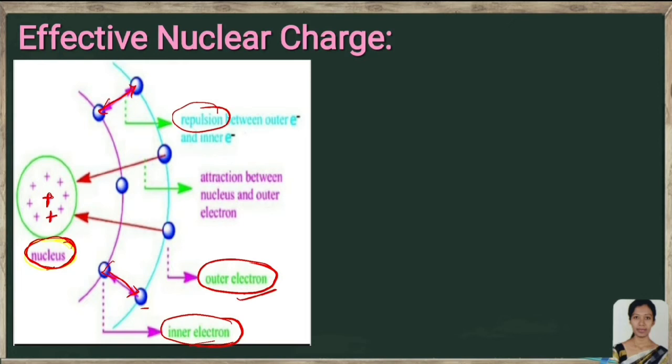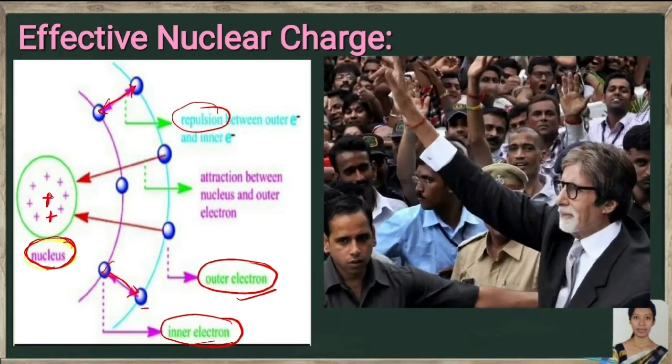The net positive charge experienced by the outermost electrons is nothing but the effective nuclear charge. If you want to understand this in a simple way, observe this picture. Amitabh is a celebrity, he is at the center like the nucleus.